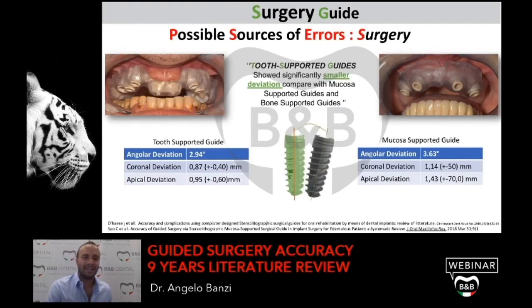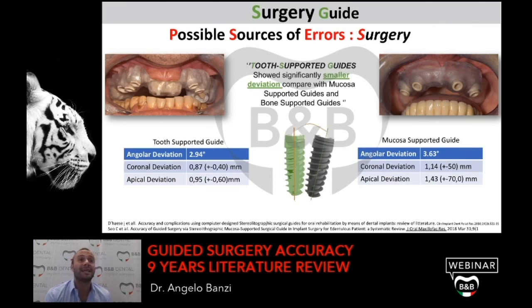What I could find out is that all the authors agree with the idea that the tooth supported guide has a smaller deviation compared with the mucosa supported guide and bone supported guide.